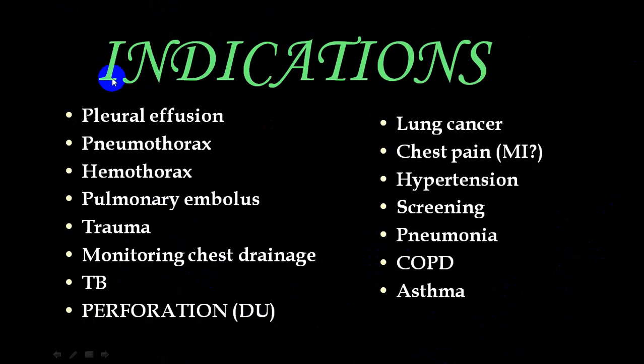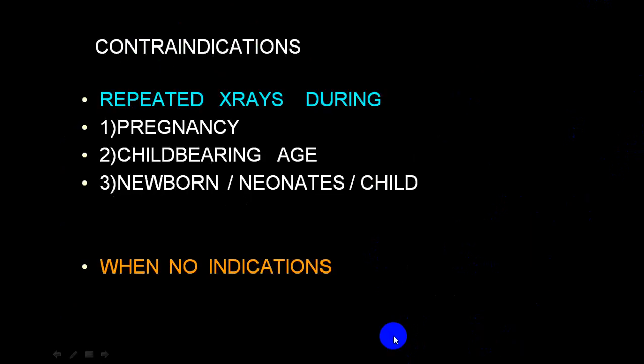Even clinically, if you are suspecting pleural effusion, pneumothorax, hemothorax, pulmonary embolism, traumatic injury, monitoring chest drainage tubes, tuberculosis, perforation of duodenal ulcer or what we call pneumoperitoneum, then lung malignancy, MI, hypertension, for screening purposes, pneumonia, COPD, bronchial asthma, there is a big list. So for any suspected respiratory or cardiovascular condition, you will ask for X-ray chest.